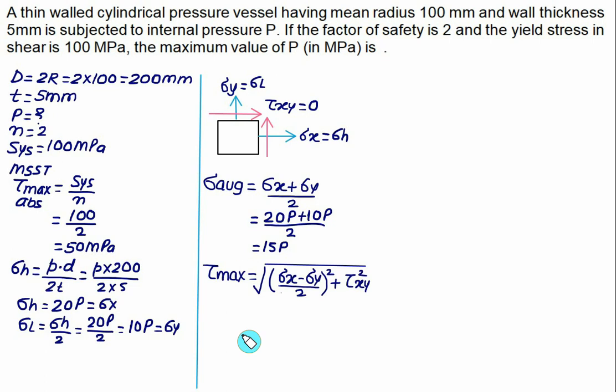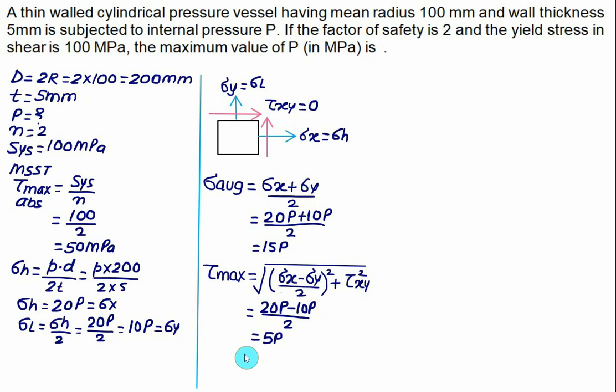So the maximum shear stress is the square root of (sigma X minus sigma Y by 2) whole squared plus tau xy squared, and tau xy is 0. So this value is equal to sigma X minus sigma Y by 2. So tau max is 20P minus 10P divided by 2, that is equal to 5 times P.